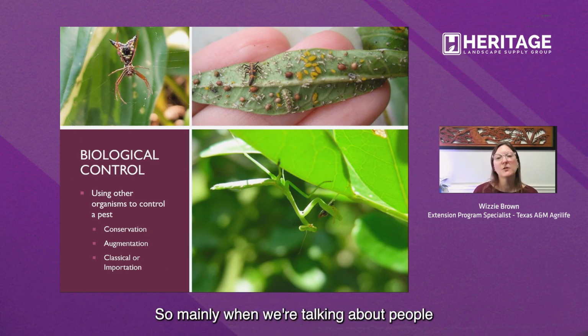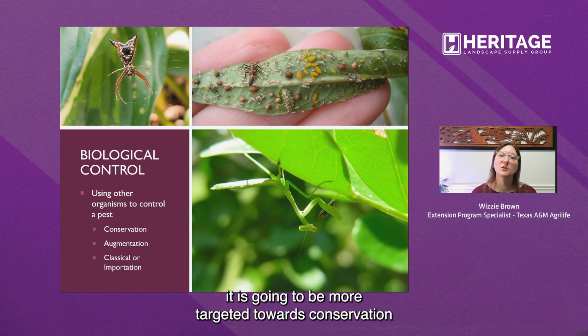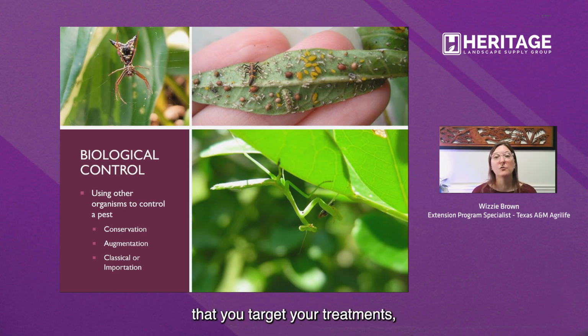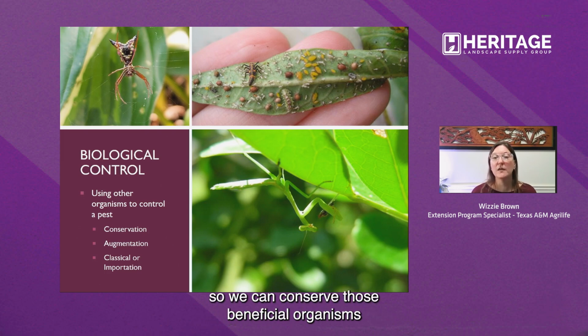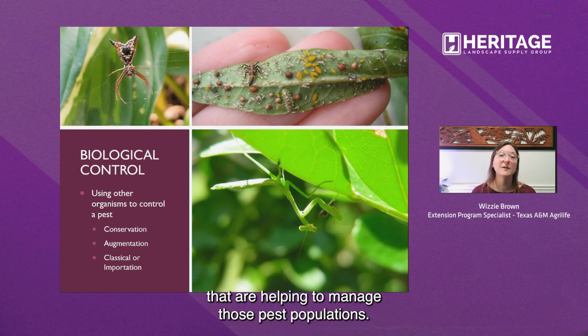So mainly when we're talking about people using biological control in the environment, it is going to be more targeted towards conservation, where we are hoping that you target your treatments, you're using IPM strategies so we can conserve those beneficial organisms that we find already in the environment that are helping to manage those pest populations.